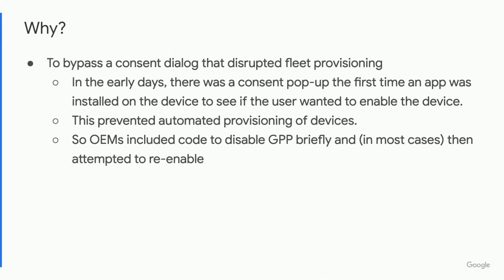So some OEMs, as well as within AOSP and GMS Core, Google had done it as well. It would temporarily disable it and then attempt to re-enable it after they got through the setup wizard process.